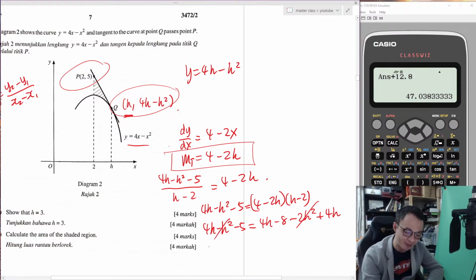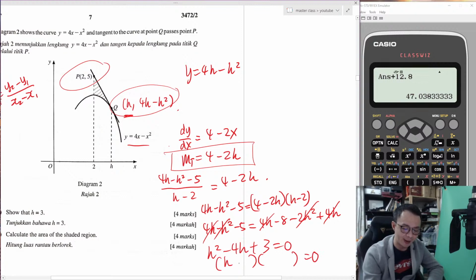Okay, this one and this one I simplify first, h squared on the other side. And here I have 8h minus 8h, so we minus 4h. And then I have the number 8 here, move to the other side, plus 8, so it's plus 3 equals to 0. I'll factorize this one, so I get h minus 3, h minus 1.